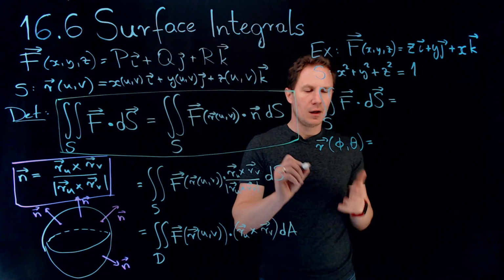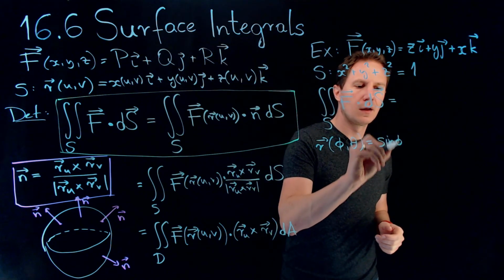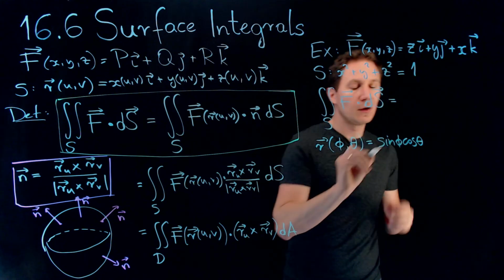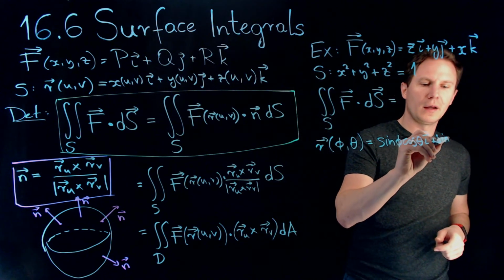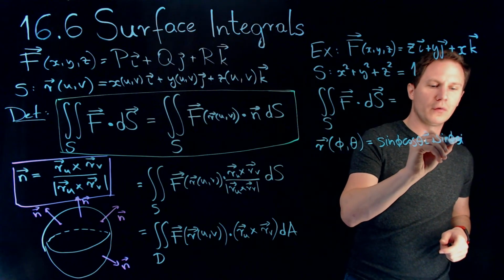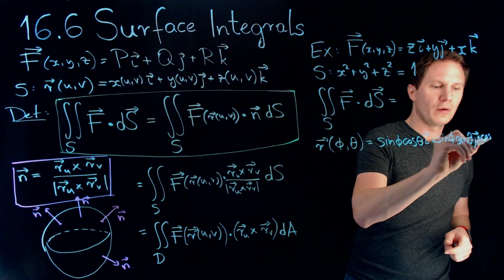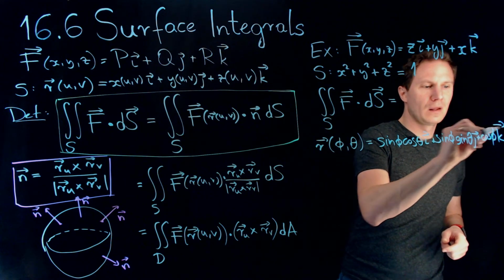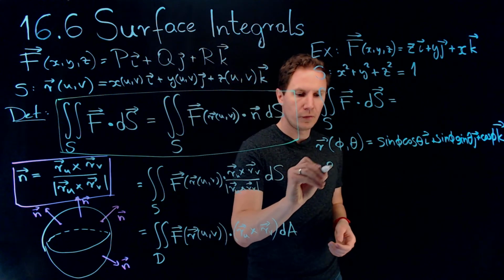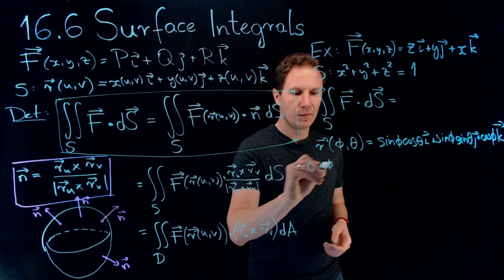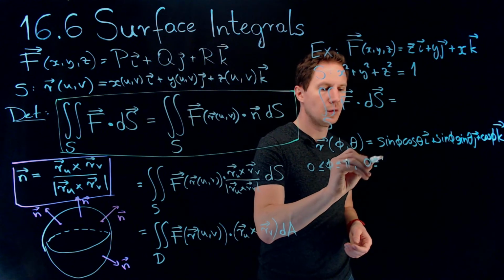So r(phi, theta) is just sine of phi cosine of theta i, sine of phi sine of theta j, and the cosine of phi k. Of course, phi changes from 0 to pi and theta changes from 0 to 2 pi.